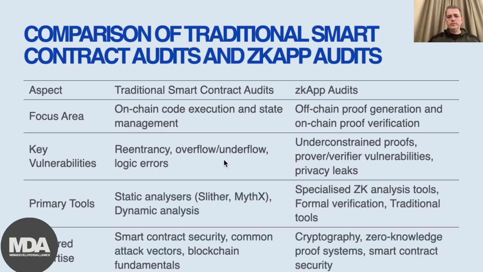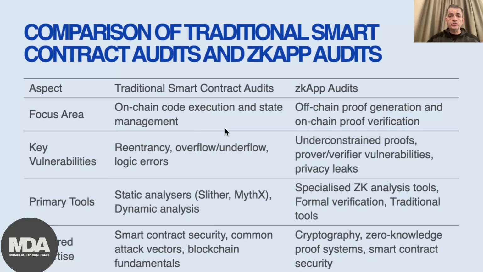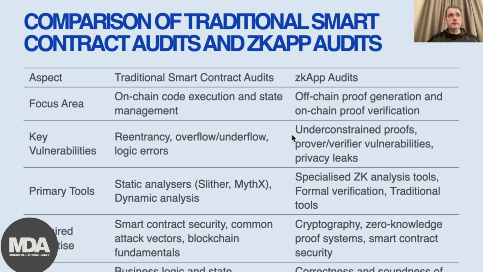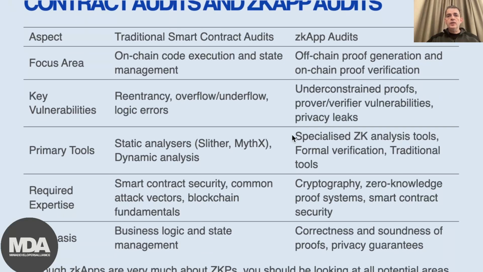Now, when we're looking at ZK apps and auditing those, this does differ from traditional smart contract audits in a number of ways, and I've given you an idea of this in the table. Of course, you need to remember that we are doing off-chain computation and proof generation.